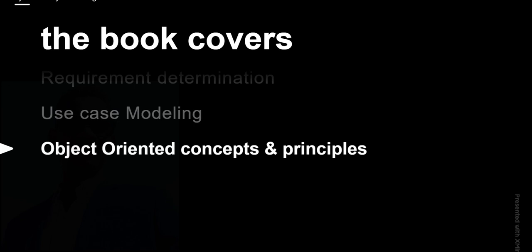In this section, he introduced an introduction to object-oriented concepts, including classes, objects, inheritance, polymorphism, and encapsulation. And the authors discuss how these concepts can be applied in system analysis and design, because object-oriented, as you know, is a programming concept.